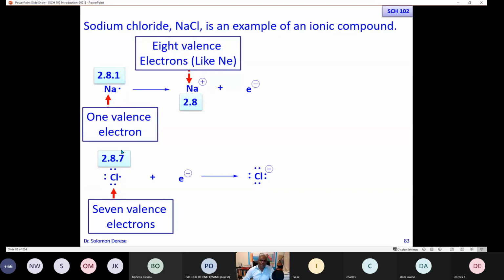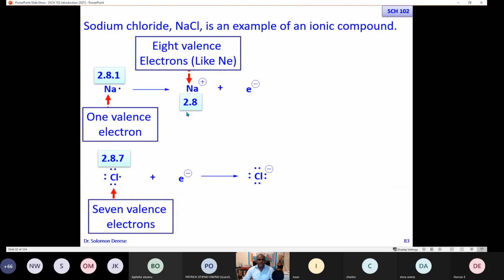To have 8 electrons, it can have the electron configuration of the corresponding noble gas, argon. It gains an electron. So the sodium loses 1 electron because it will give up this electron very easily, since when it gets rid of that electron, it will have the electron configuration of the noble gas neon.